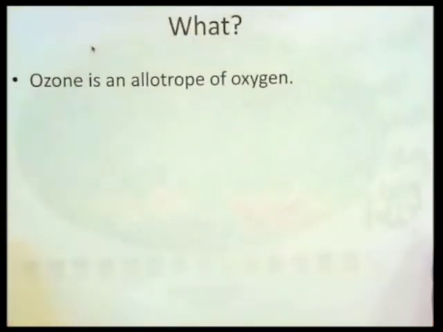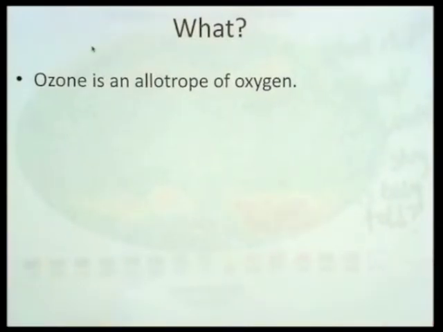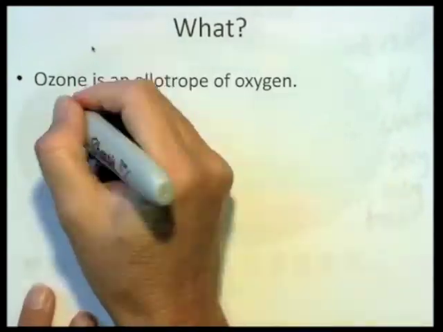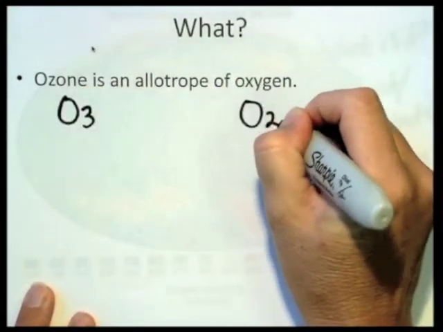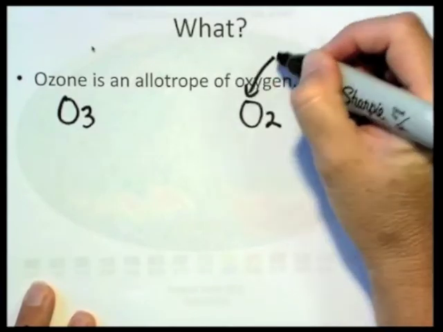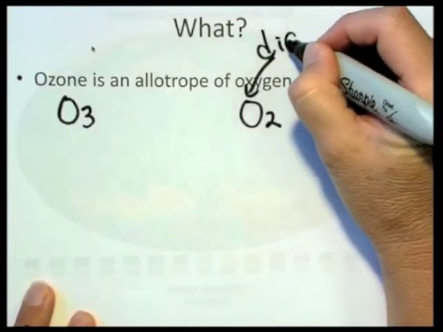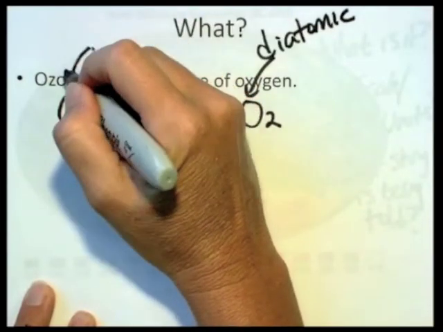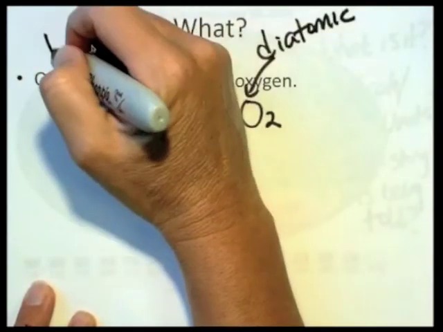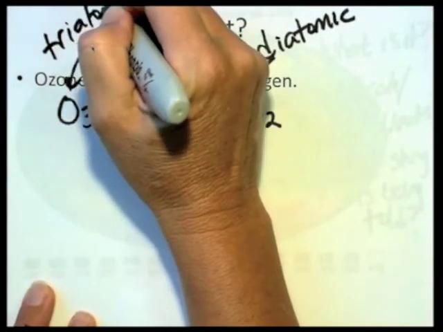Okay, we think we've already identified that ozone is an allotrope of oxygen. Okay, ozone, of course, is an element, as is oxygen. We call oxygen a diatomic element, and it just so happens that ozone is a triatomic element.